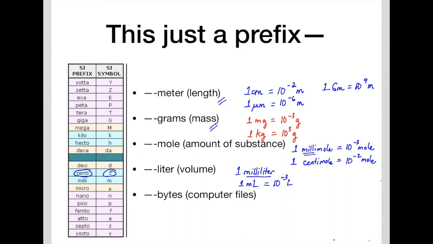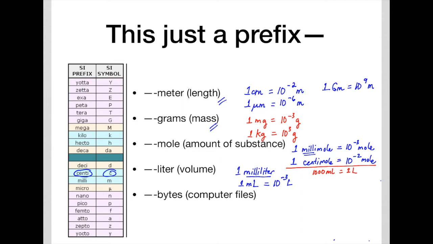Still, this is consistent with our definition. Why? Take note that our definition from before is that 1000 ml is equivalent to 1 liter.